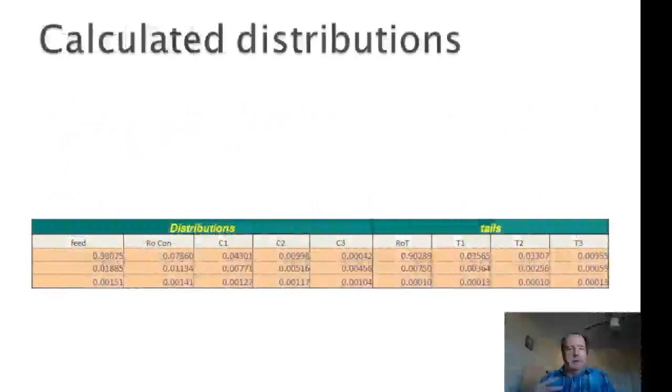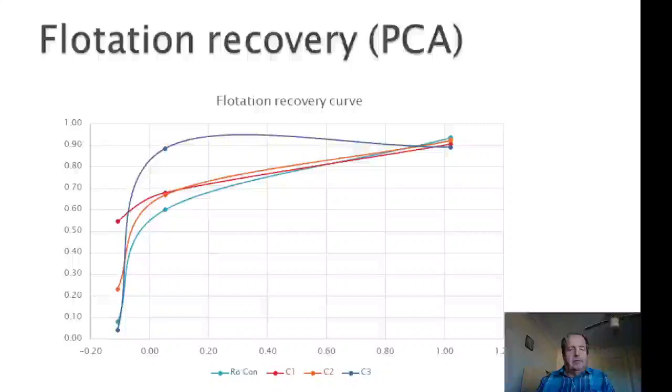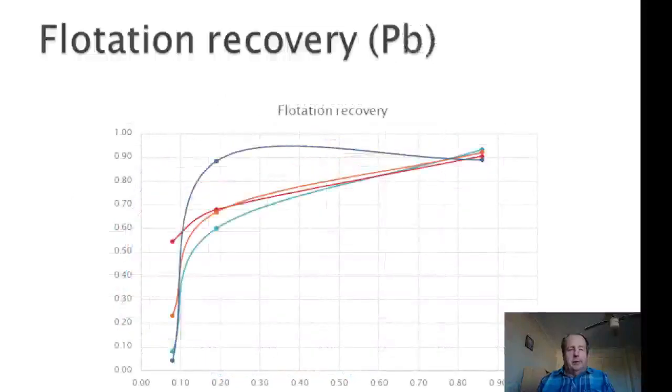So these are the optimization, and it provides a distribution. We can use that and we get separation curves. So flotation recovery versus these principal component scores, which we can transform into a recovery curve versus the lead concentrate.